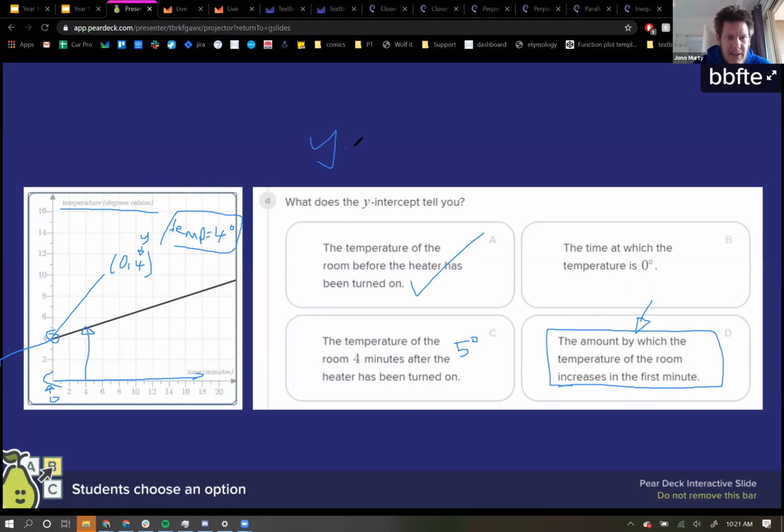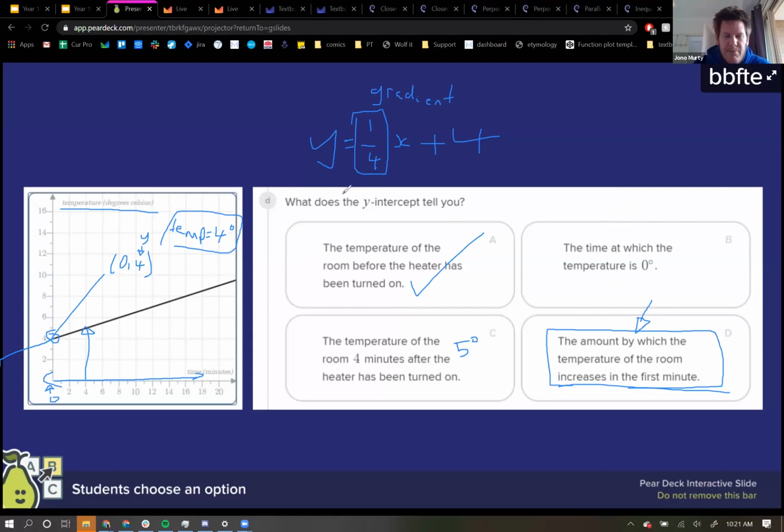And if we go back to our equation we found, we have y equals 1 on 4x plus 4. So the amount that it increases in the first minute is this number here, 1 on 4, our gradient. The gradient is the slope. We can also think of it as the unit increase or decrease.